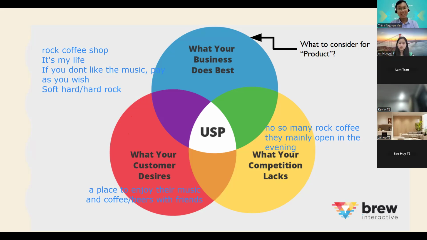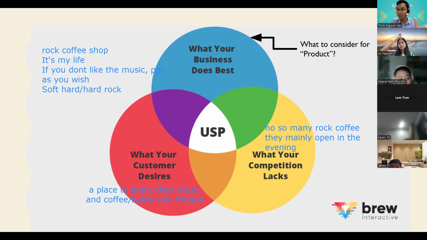Yes, you are right. That's my unique selling point. And why do I want to do that? Because what my customer desires is a place to enjoy their rock music and a cup of beer, a cup of coffee, with their friends. So when they pay lower than the price I offer, it means they don't like the music. And when they don't like the music, will they come back or not?